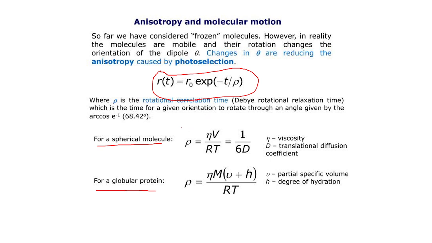For a spherical molecule we have the correlation time to be this, and for a globular protein we have it to be this. There might be a few questions where you are given a few of the variables and asked to find the other entities.